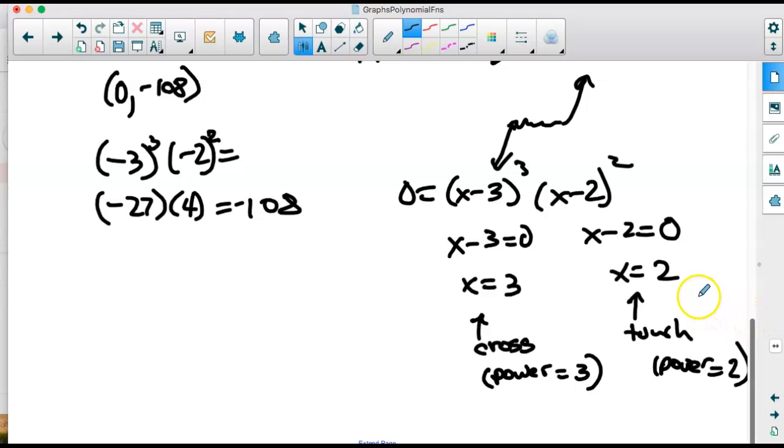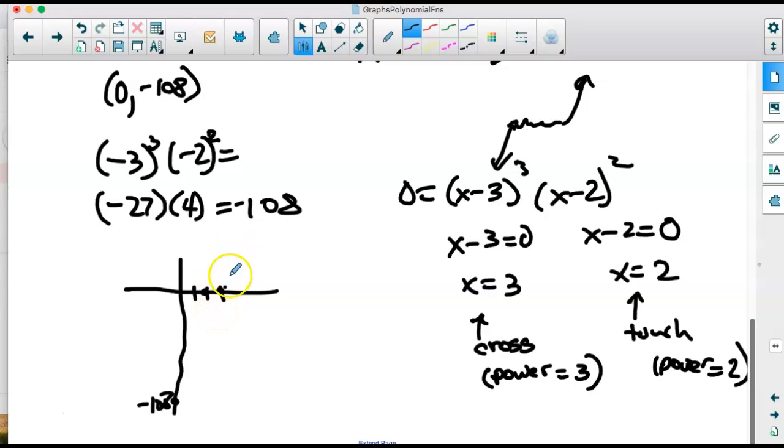An even number power is going to just make the crossing at 2 just touch. So in general, the graph is going to cross way down here at negative 108. It's going to touch at 2 and cross at 3. We know it's going to go up.